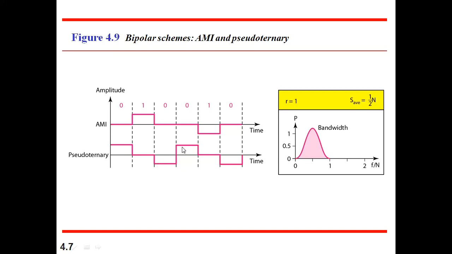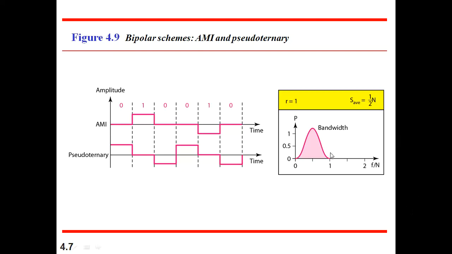So the next 0 is exactly opposite of the previous 0. This 0 is positive voltage, this becomes negative voltage, and this becomes positive voltage. The next 0 is also opposite of the previous 0: the previous 0 is positive voltage, and the next 0 is negative voltage. In this way, the AMI and pseudoternary bipolar schemes work.